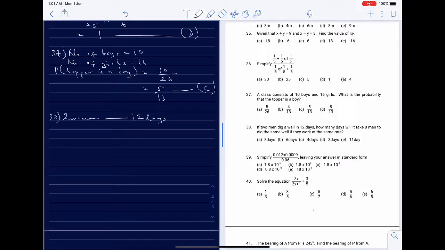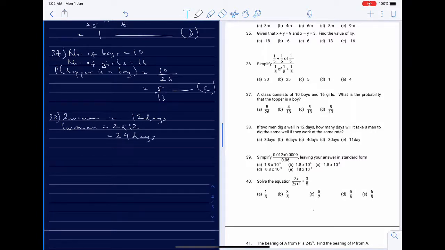Now, if 2 men dug it in 12 days, that means one man would dig it in 2 times 12 days, which is 24 days.